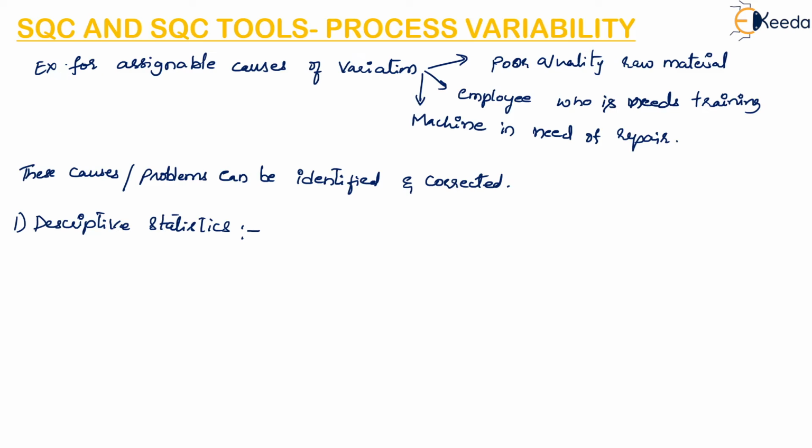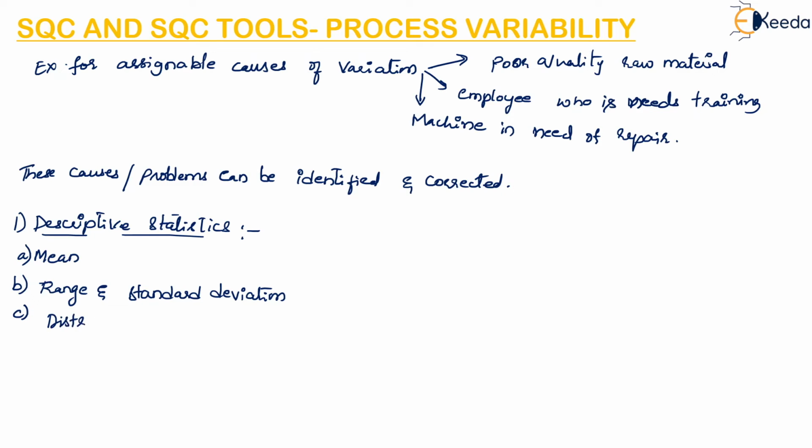The tools involved are, first, the mean, then the range and the standard deviation, and the third one is the distribution of data.